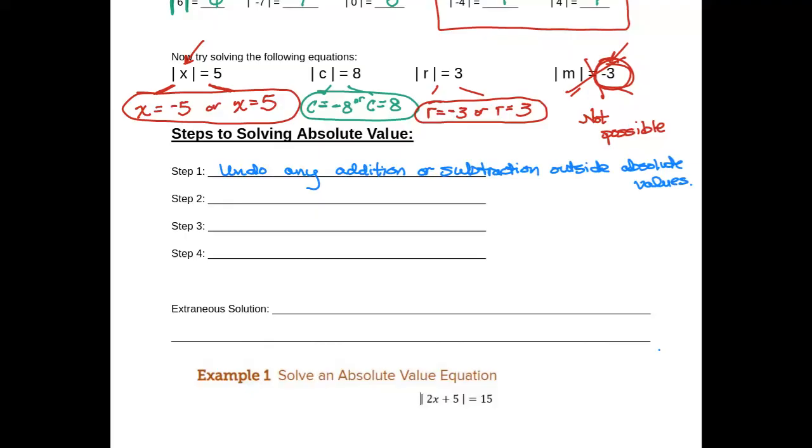Second, you are going to undo any multiplication or division outside of your absolute values.